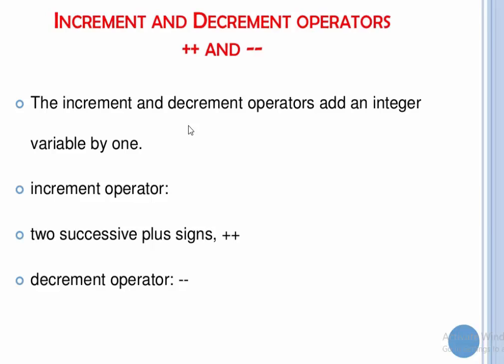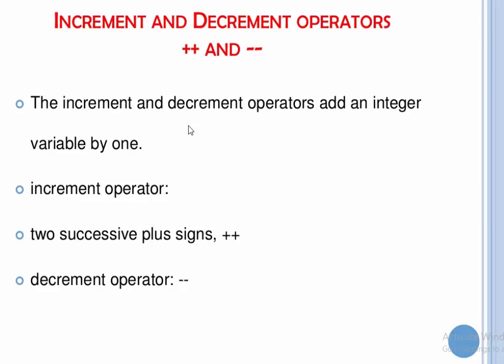A binary operator operates on two operands. And a ternary operator operates on three operands.